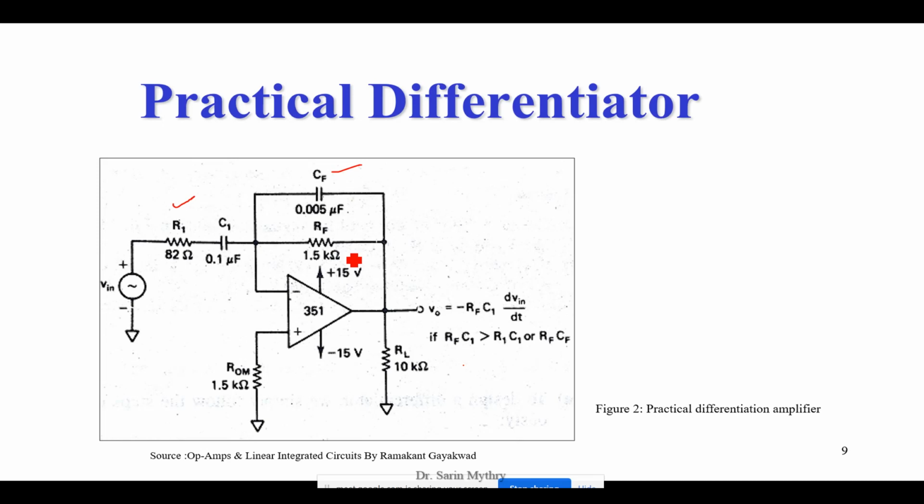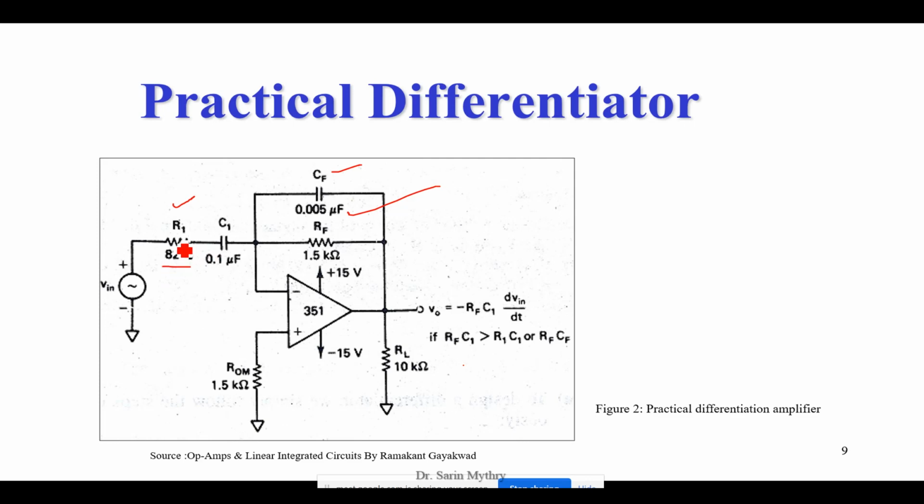These values are found out practically by doing research. Whenever your R1 is equal to 82 ohms and your CF is equal to 0.005 microfarad, at these particular values of CF and R1 only, the stability and high frequency noise problems can be eliminated. So these are the values.